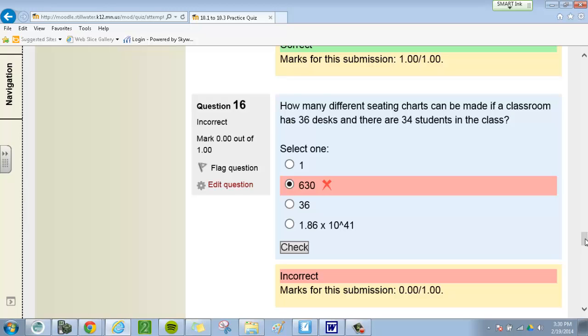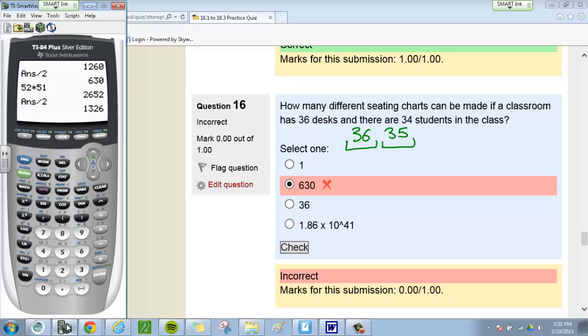How many different seating charts can be made in a classroom that has 36 desks and there are 34 students? Okay, 34 students. So I got 36 times 35. Did I forget to do something? I got 36 options for the first, and then 35. 36 times 35 is 1260.